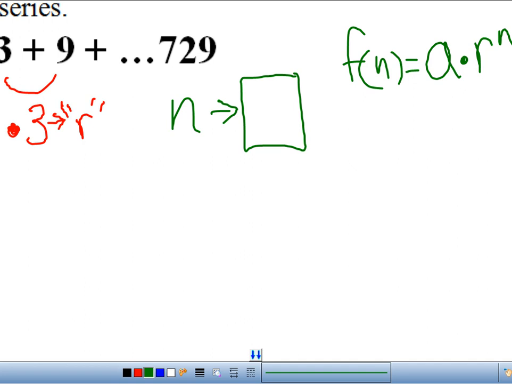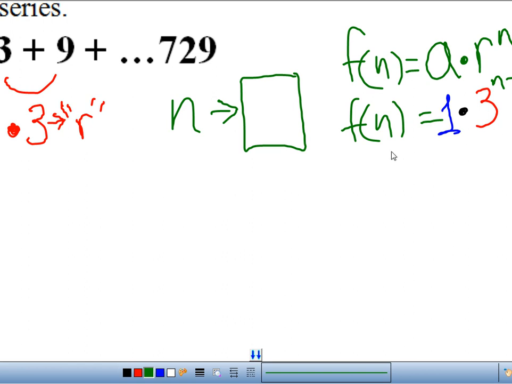You guys remember that? Oh yeah, we did that earlier. That's why we did that practice, so that we can find this part. Let's substitute values. What is a? 1. What is r? r is 3. And then we have f of n equals 1 times 3 to the n minus 1 power.